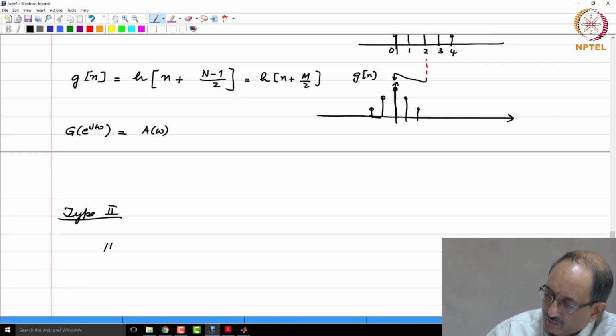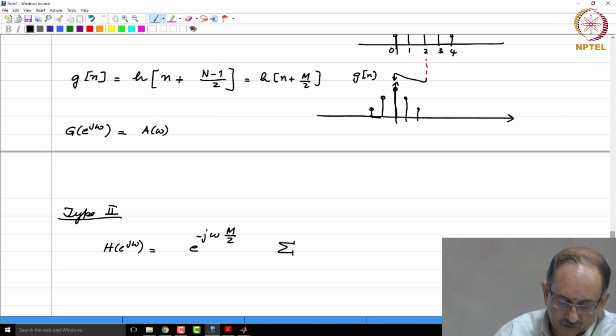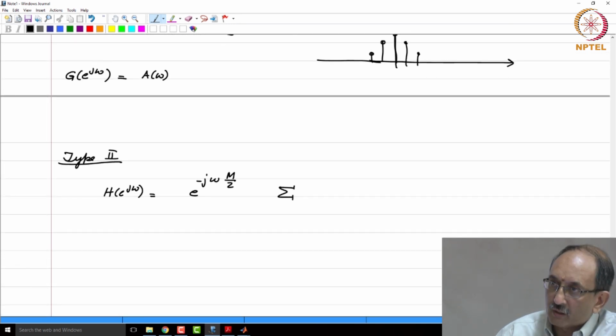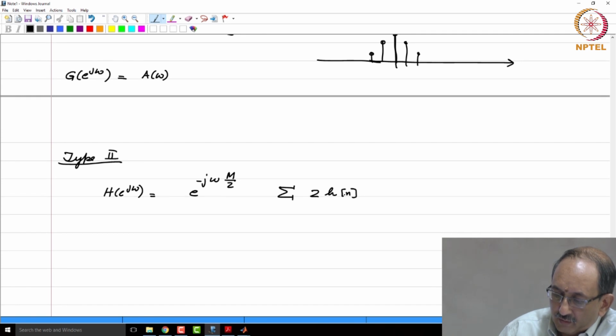Therefore, H of omega in this case turns out to be e to the minus j omega m by 2 times, before you had H of m by 2 sample in the expression here, there is no sample for type 2 that corresponds to this. Therefore, that term will be missing. You will find that the expression is again 2 times H of n cos m by 2 minus n omega.